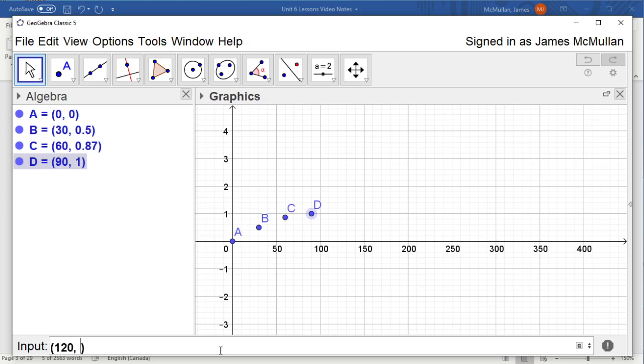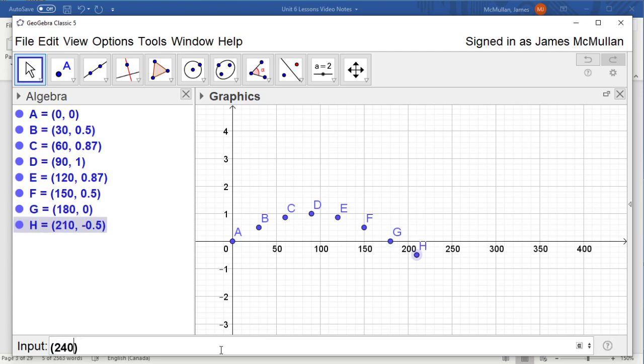All right, so let's keep going. At 120, we knew it was 0.866. At 150, it was 0.5, and at 180, it's 0. At 210, it was negative 0.5. At 240, it was negative 0.866. At 270, it was negative 1. At 300, it was negative 0.866. At 330, it was negative 0.5.